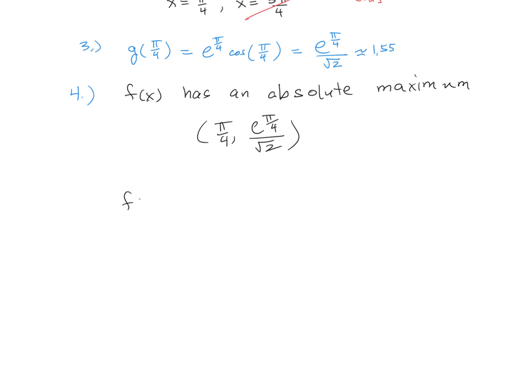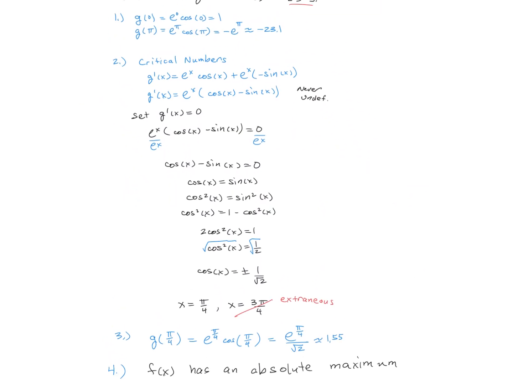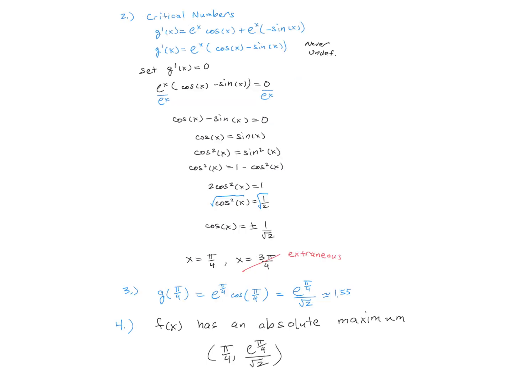And we know that g of x has an absolute minimum at pi comma negative e to the pi, which is a negative number. And that right there is our absolute max and absolute min for this original function on the closed interval from 0 to pi.